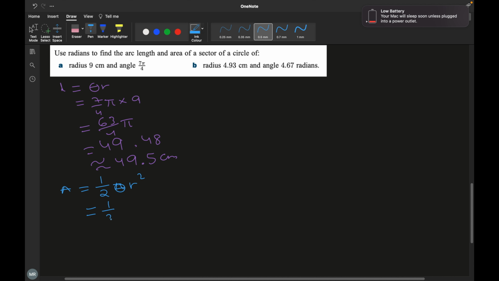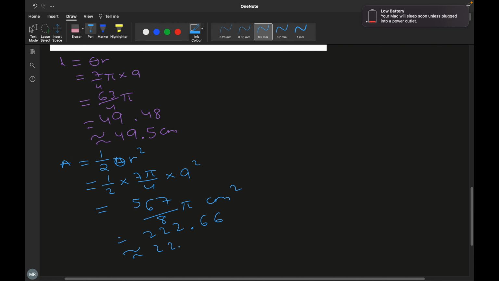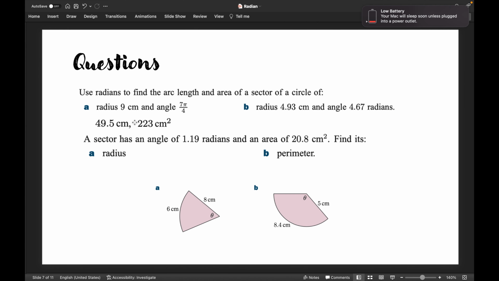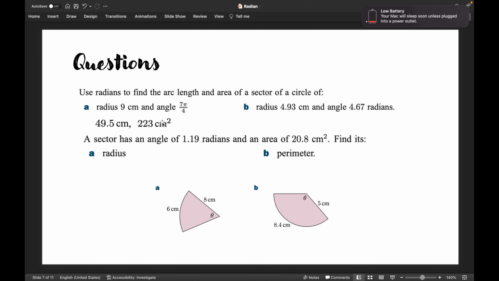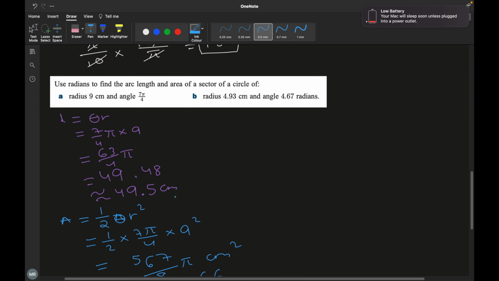So this will be half into 7 pi by 4 into 9 squared, which is 567 by 8 pi cm squared, which is 222.66, which will round off to 223 cm squared. So let's check our answer. So it's 49.5 and 223 cm squared. So we got our answer.